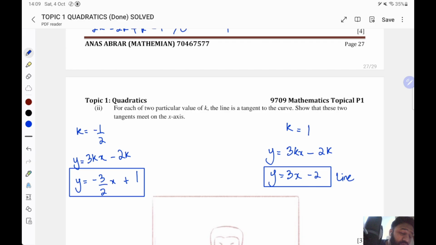Show that these two meet on the x-axis. We need to solve them simultaneously. Let's solve them simultaneously.